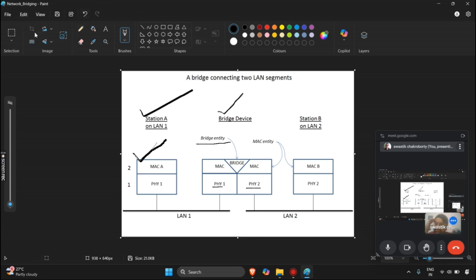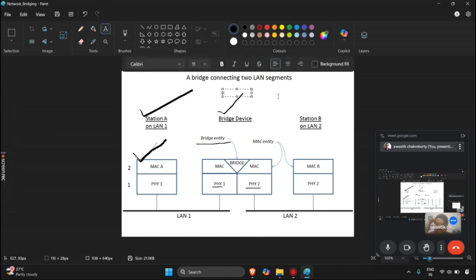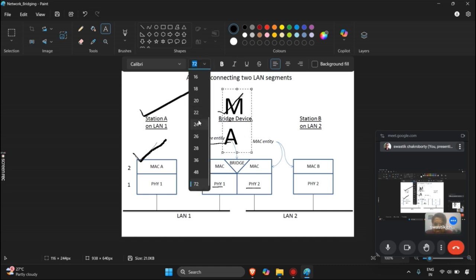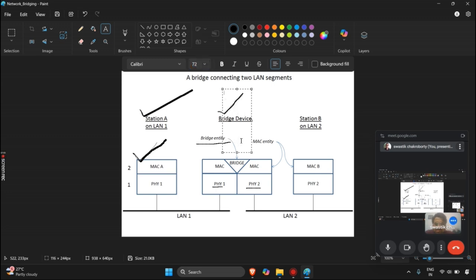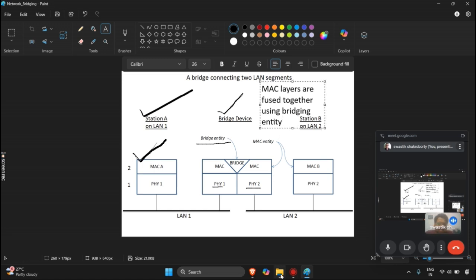So the MAC layers are fused together using a bridging entity.